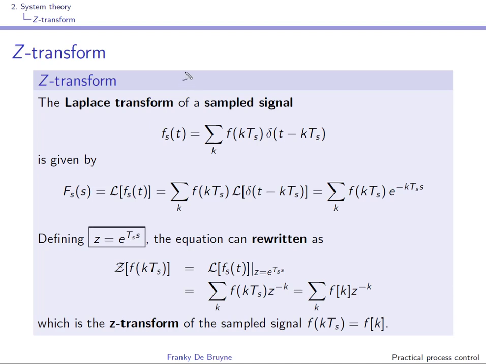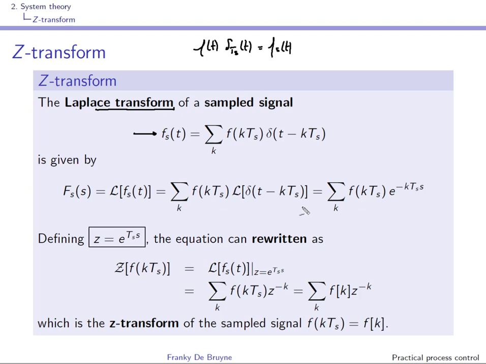Remember that a signal f of t can be sampled by multiplying it with the Dirac comb. And if you do this, well, you obtain the sampled signal, and this sampled signal is given over here. So if we take the Laplace transform of this sampled signal, this is what you obtain.